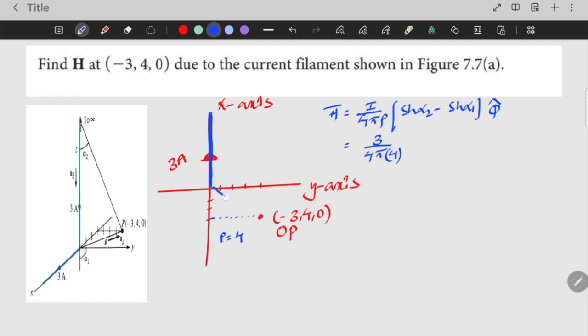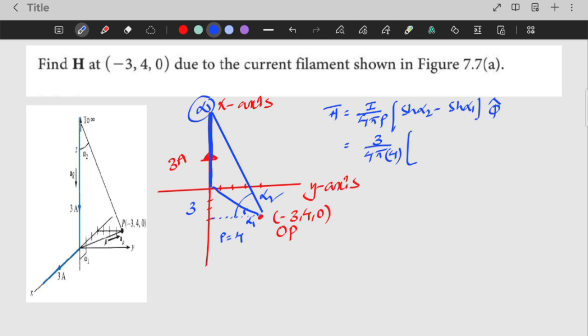Alpha 1 is this angle. Alpha 2 is this angle. This is 3, but it is extended up to infinity. It is not at a certain finite value. So for sin alpha 2, I can take that it will reach at infinity distance.